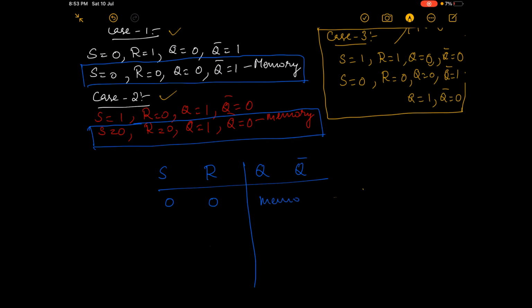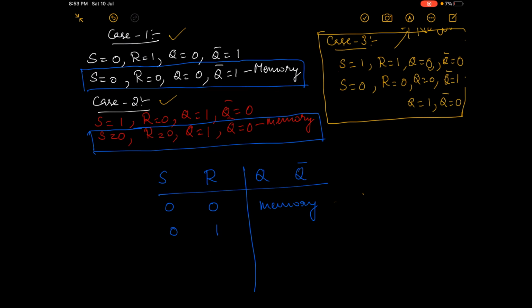So you can write it like this, memory. In the combinations 0 and 1, you can see in the first case when you gave S as 0, R as 1, you got the output as Q equal to 0 and Q bar equal to 1. In the next case when you give 1 0, that is S is equal to 1 and R equal to 0, your Q is equal to 1 and complement of Q is equal to 0.